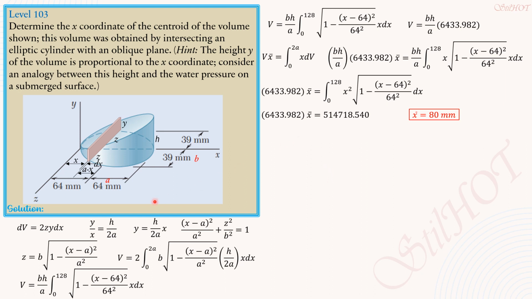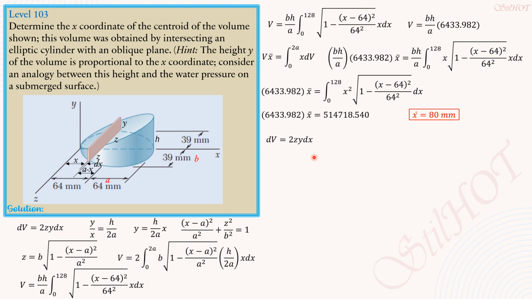So that's the solution considering these miscellaneous solids, and by integration. Using this analogy, dV is 2zy dx, and we interpret 2z times dx, the differential area on the xz plane, as differential area.